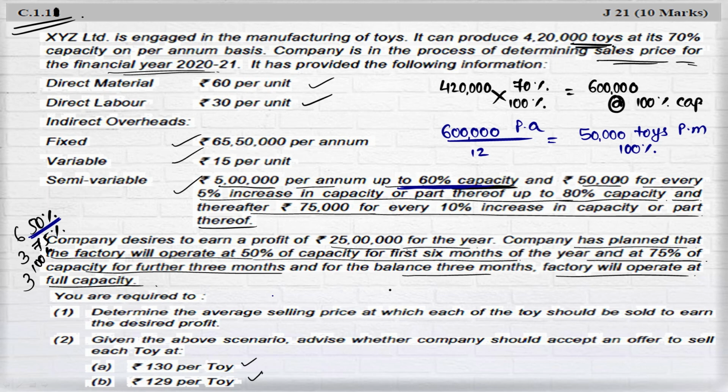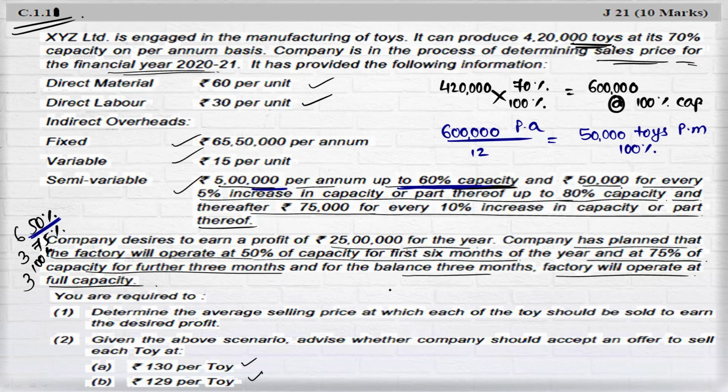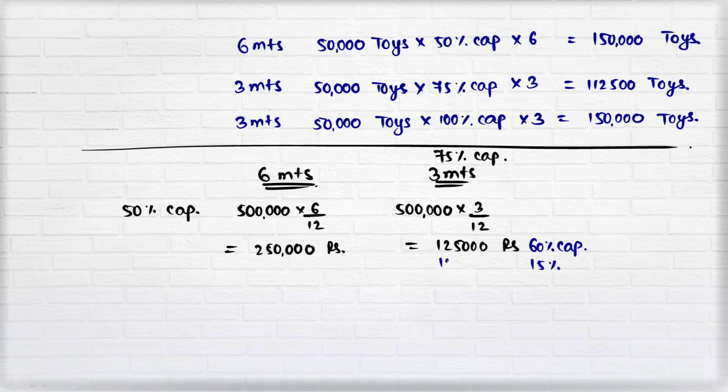Up to 60% of capacity, your cost is remaining 5 lakhs. Above 60%, how much percentage increase is there? 15%. So can you tell me how much cost should I add? 50,000, 50,000 and 50,000. 50,000 for 5%, next 5% 50,000, next 5%, 50,000. Total 15%, I will be adding 1,50,000. This will be 2,75,000.